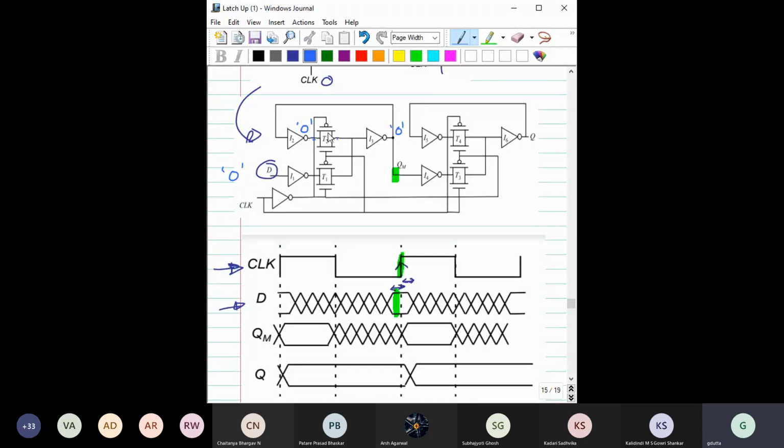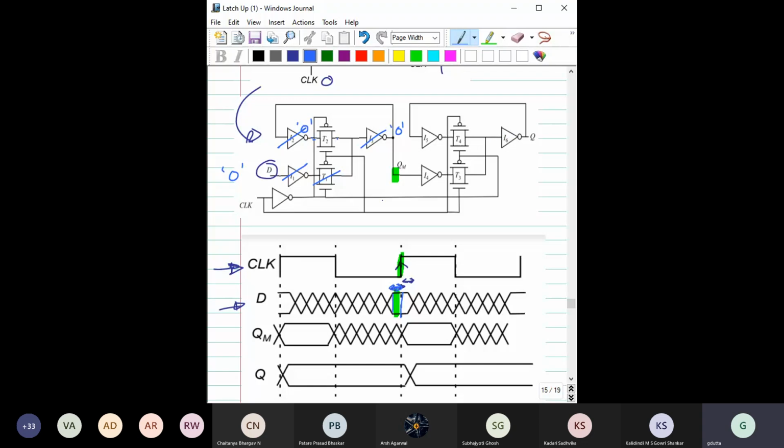So it would be the delay of this, delay of this, delay of this, and then delay of this. This is the duration during which the D input has to be stable, at least for this time, for reliable output or reliable performance from this master-slave register, right?